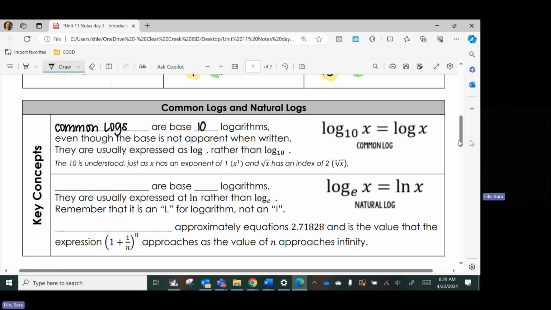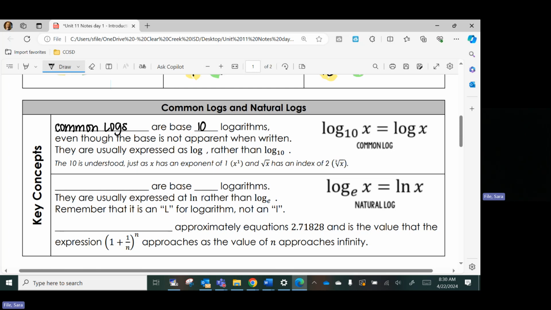It's just like when you have this radical, it doesn't have the index written. It's understood that it's a square root if there was no index written. Or if I have something without a power, it's understood that that power is 1. You don't have to write the power of 1, it's understood. You don't have to write the base 10, it's understood.